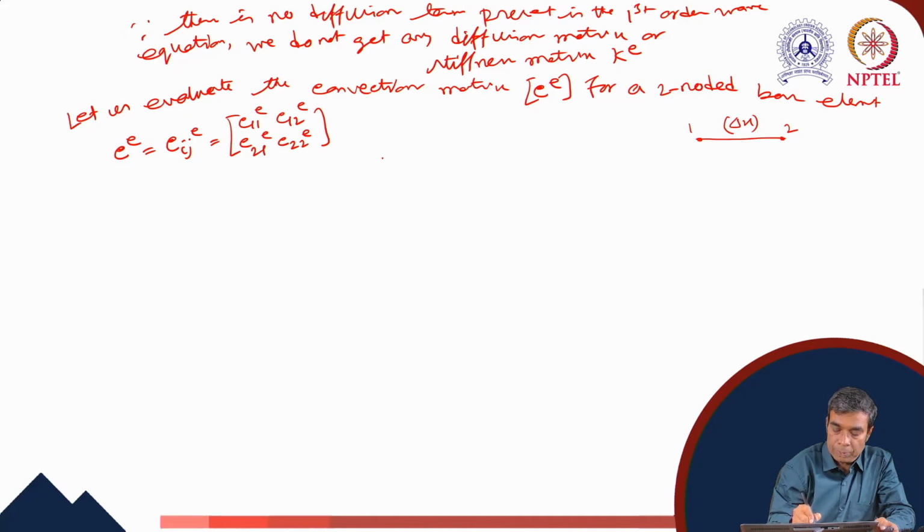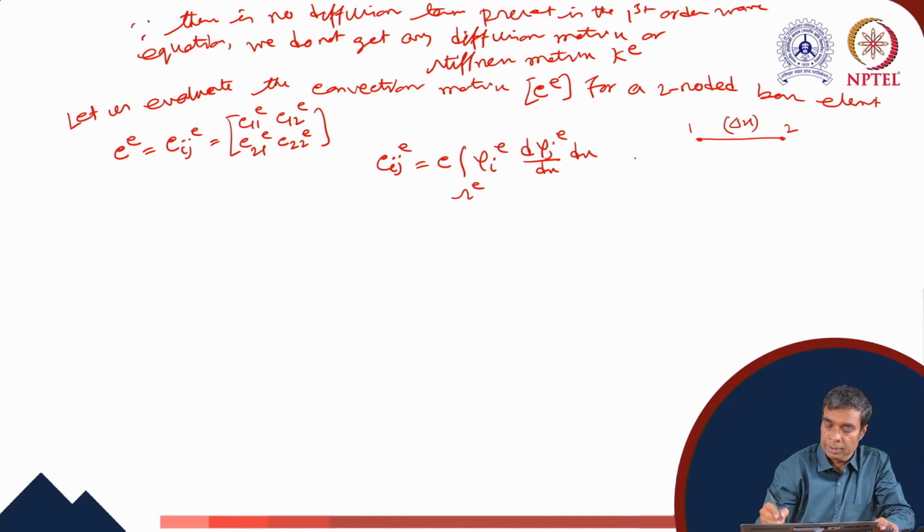Now from the definition, Cij equals C times the integration over omega e of psi ie d psi je dx. We can shift the limit of integration from the physical coordinate to the master coordinate by the coordinate transformation.